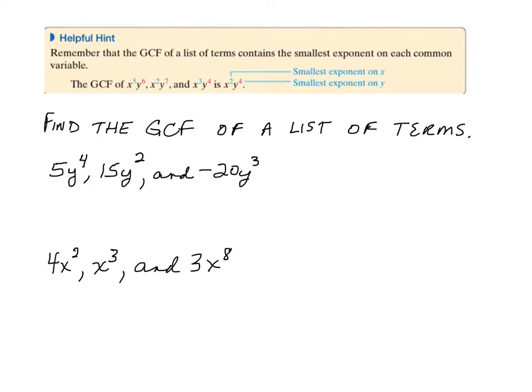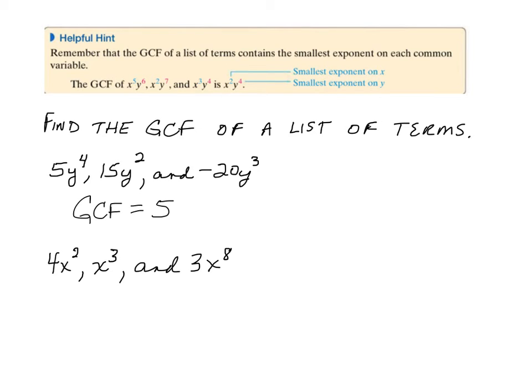Okay, let's first look at the 5, the 15, and negative 20. Well, we're not going to worry about the negative sign right now because they don't all have a negative. We don't want to worry about the GCF containing a negative number right now. But look at 5, 15, and 20. You should easily be able to see that the GCF for the numerical part is going to be 5.